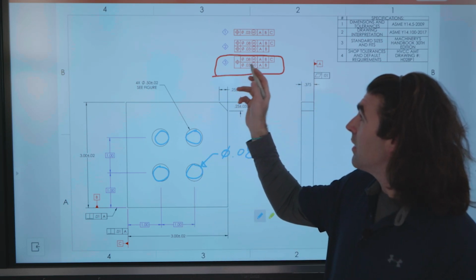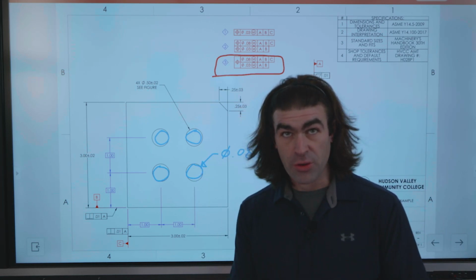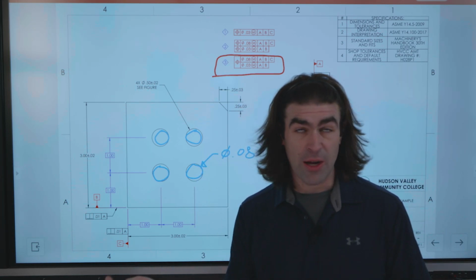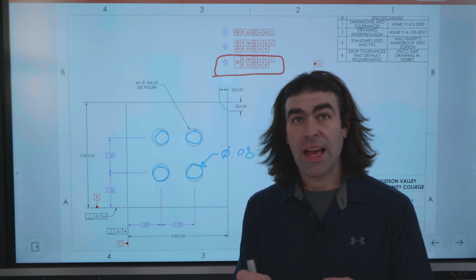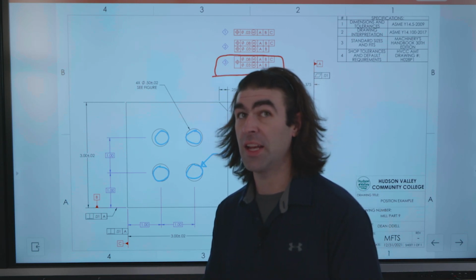For the second feature control frame down here, the feature locating tolerance zone framework, you don't have to have translation to datums. Means you don't measure from the datums, right?